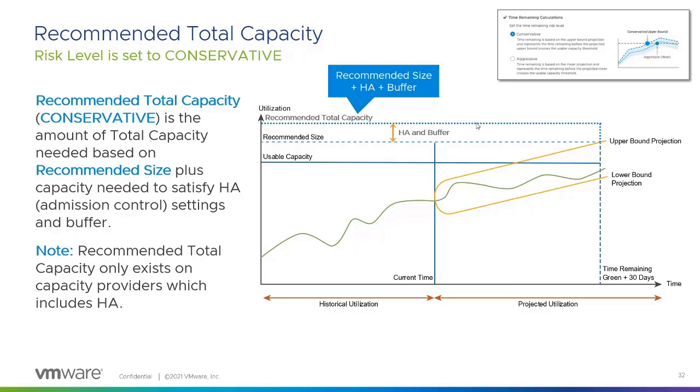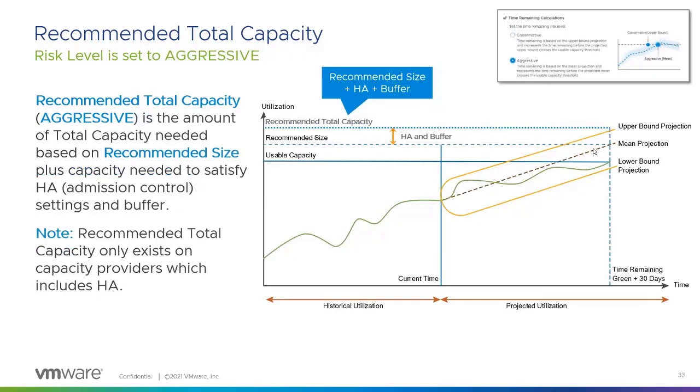We add those resources back on, and that gives us our recommended total capacity. So this is the recommended capacity of a cluster based on the projected utilization plus HA and buffer. Hopefully that makes sense. This can be used to right size a cluster itself and to make sure it has enough HA and buffer to run the workloads that are in the cluster.